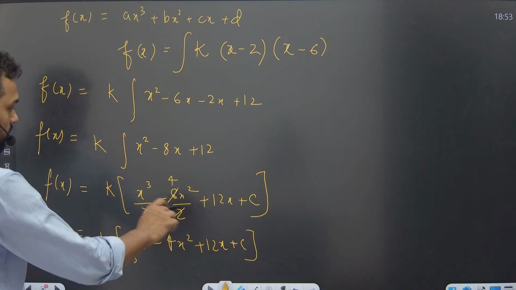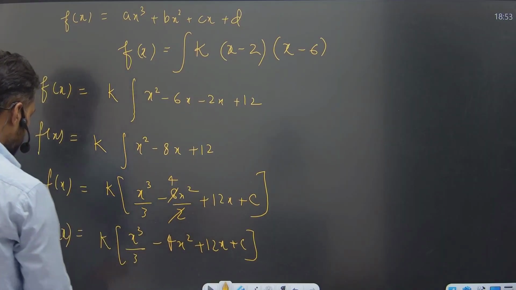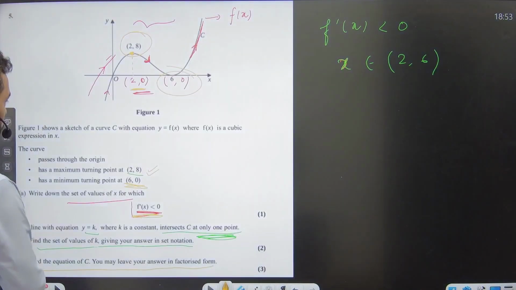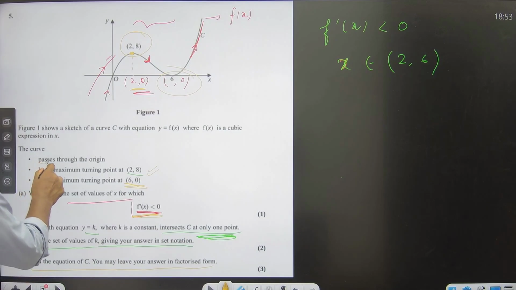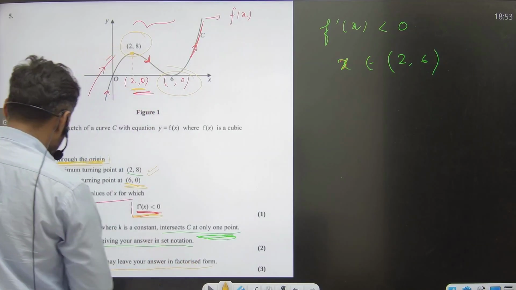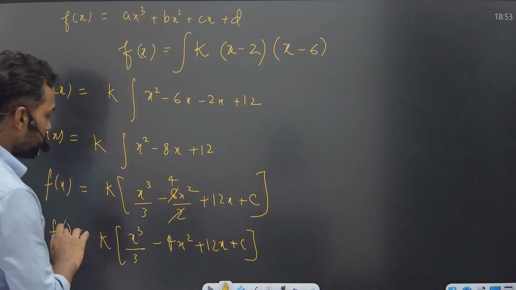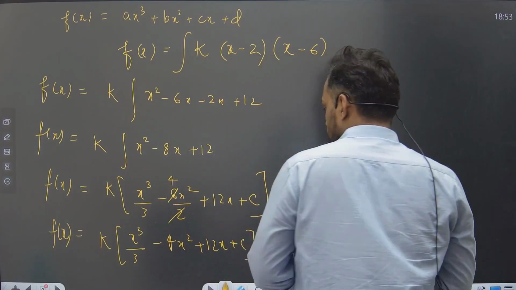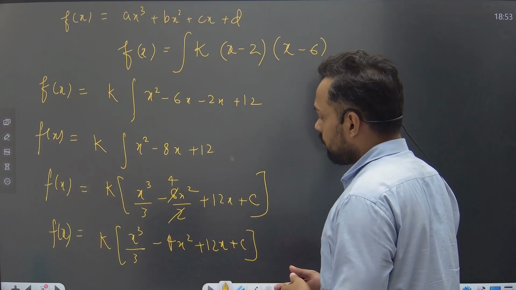In case we need to find the constant c here, you will see, student, that we need to see that the curve is passing through the origin. This is the first statement which they have written. So if it is passing through the origin, students, what will be the value of c?